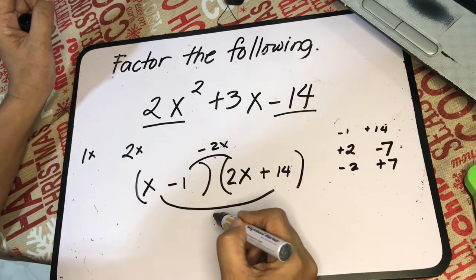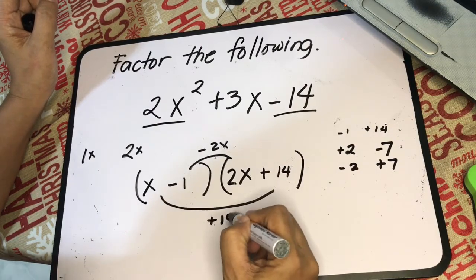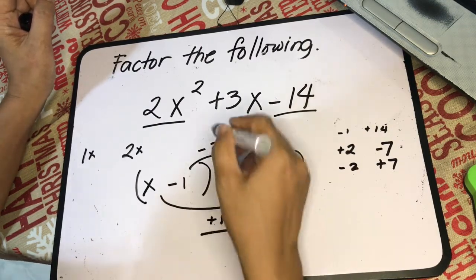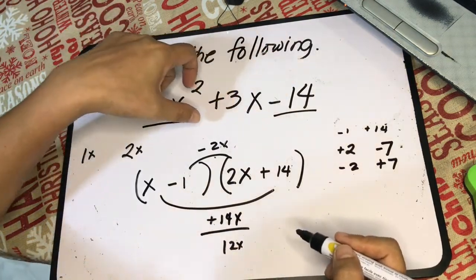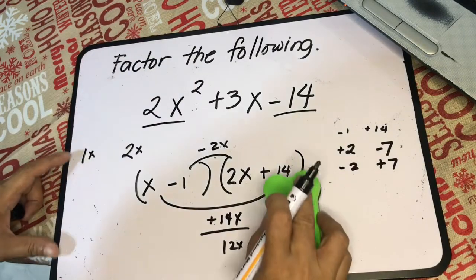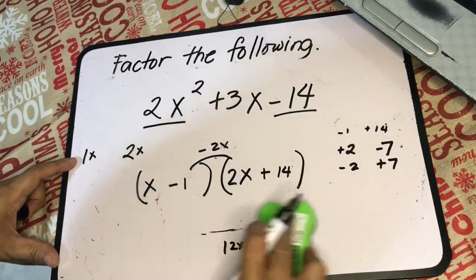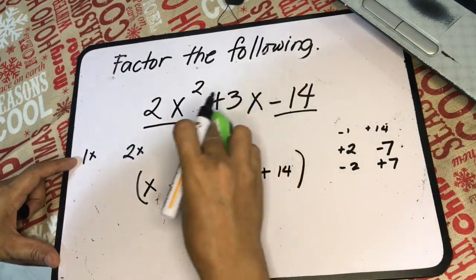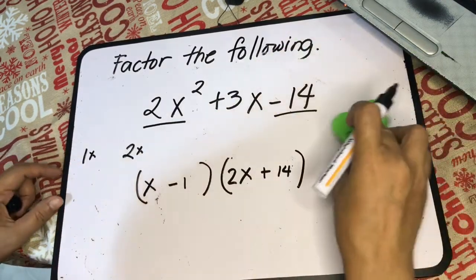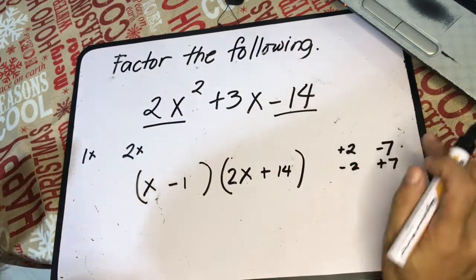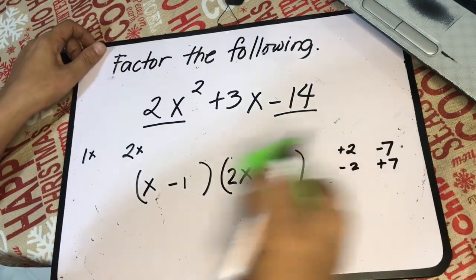Then, this one is positive 14x. When you add that, this will give you 12x. Again, it is not 3x. So, this is not a possible factor of 14.